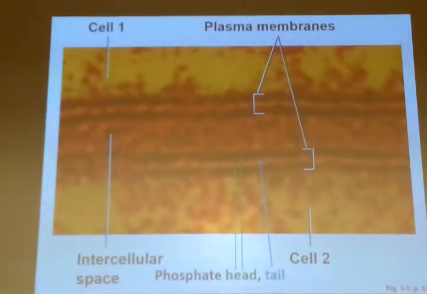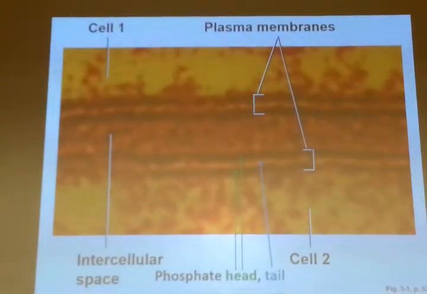Dark, light, dark. That's actually two structures that are associated together to make something that looks like 3 layers. Actually, only 2. So what's labeled as dark is the phosphate head of your phospholipid molecule. It's going to pick up more of the stain.